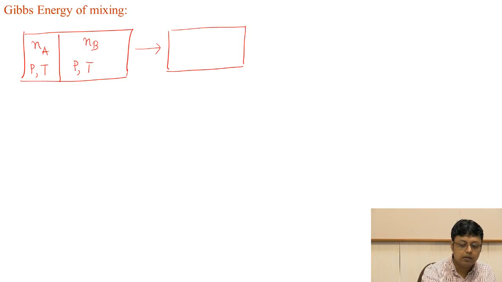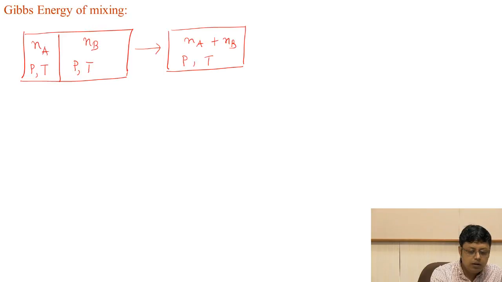We have Na here, and also we have Nb here. The total pressure should not change, and the temperature, of course, should not change. However, as you can see, the partial pressure of each component should change here, and that is the trick to figure out the change in the Gibbs free energy.